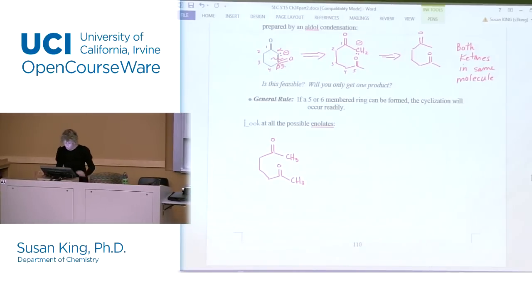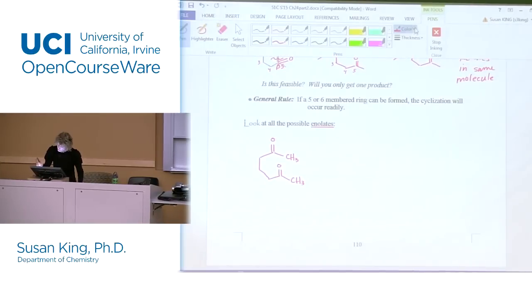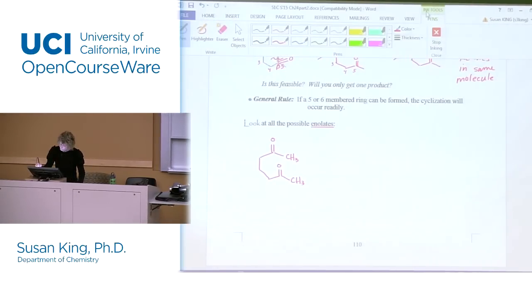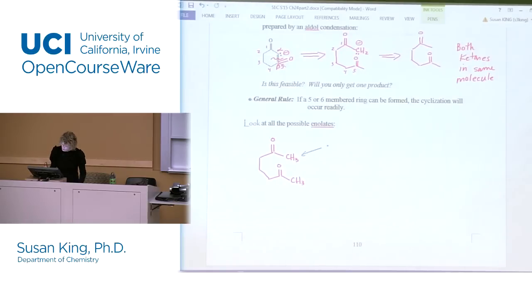So let's label those two positions. If the enolate forms here and adds to the ketone, we'll get a 6-membered ring, which is the one we want.